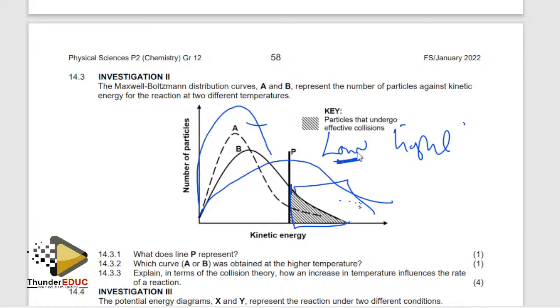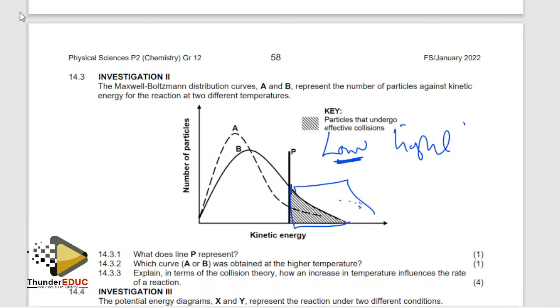When you increase the temperature, the number of particles with the sufficient energy will increase, meaning that an increase in temperature increases the number of particles having a higher kinetic energy. You understand?